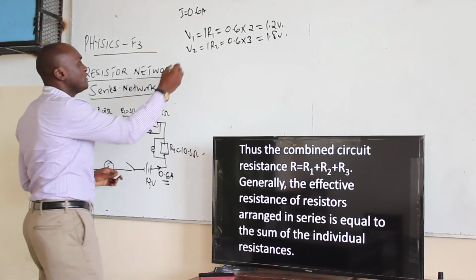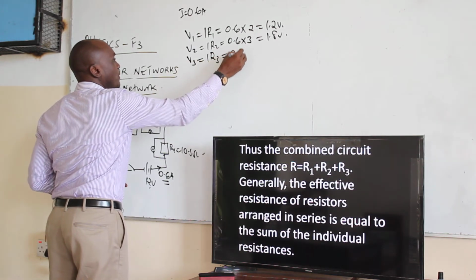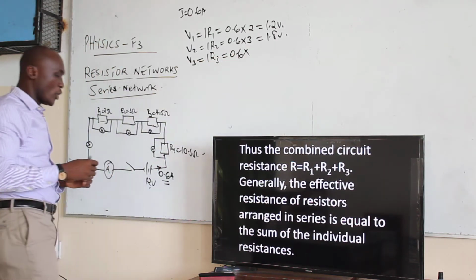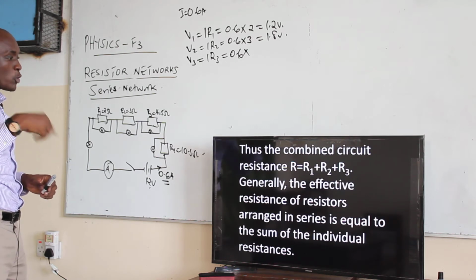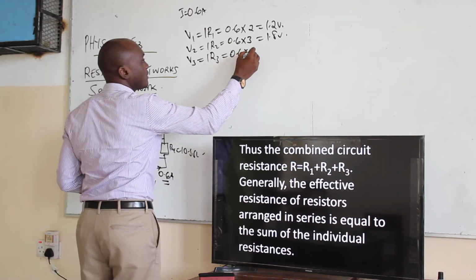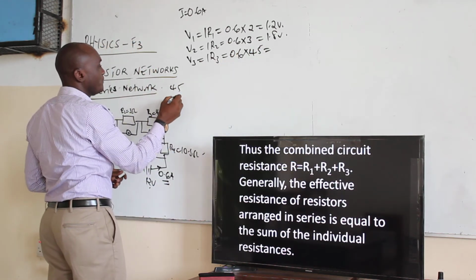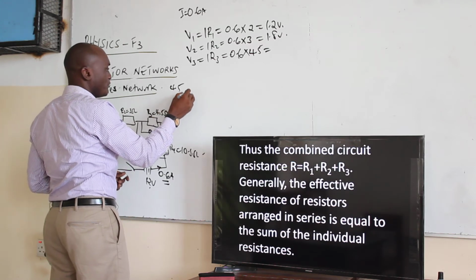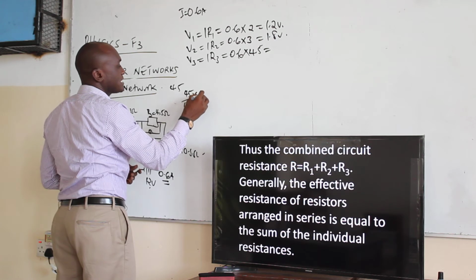We can get V3 as well. V3 is going to be I R3. Remember, it is the same current going through the circuit, so 0.6 is the same current across all the resistors. R3 is 4.5. So we take 0.6 times 4.5, which is 45 over 10 multiplied by 6 over 10.